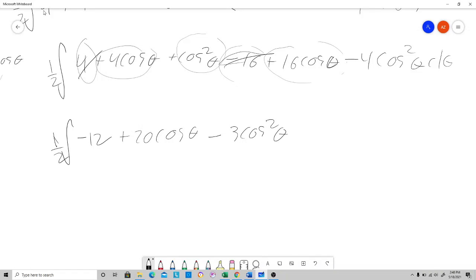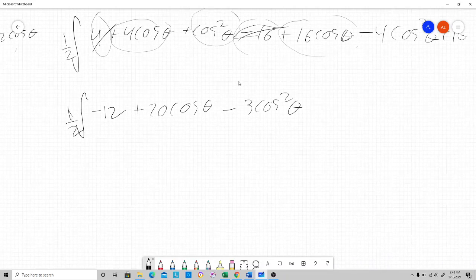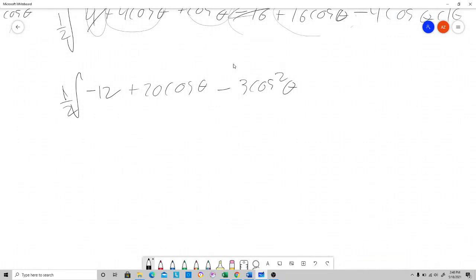Okay, so now that's good. Now we can just go across and integrate this. So it'll be 1/2 with the integral of this times -12 theta plus 20 sine theta.